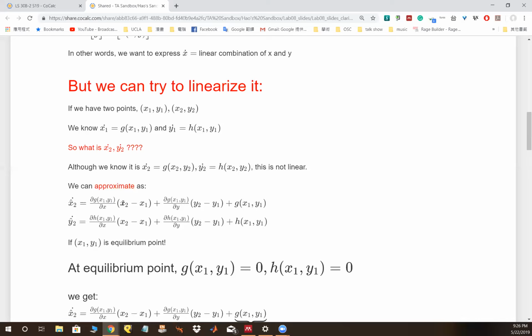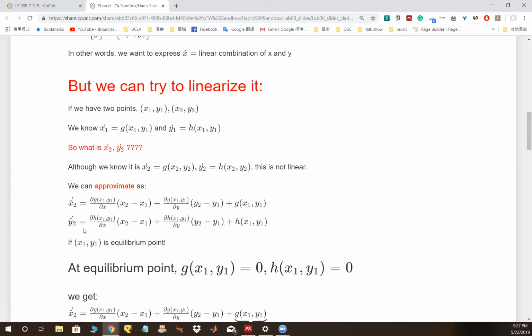Maybe a little bit of x2, but that only appears here. The rest are just x1s. So when we say we only use x1 values information, it actually means anything that relates to g and h only takes input from x1 and y1 from this point. And by this info, we can retrieve the x2 dot and y2 dot here.